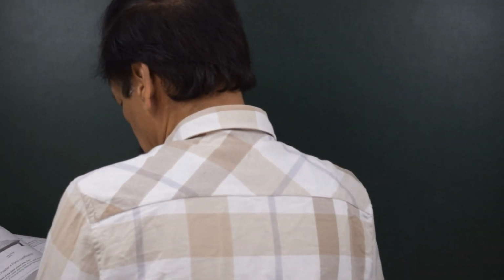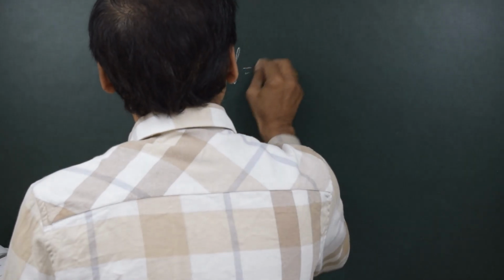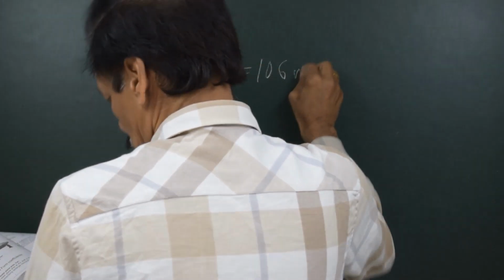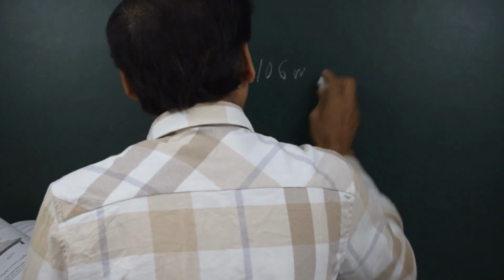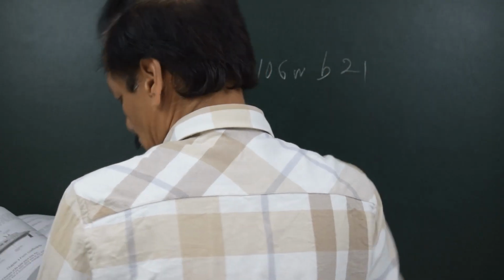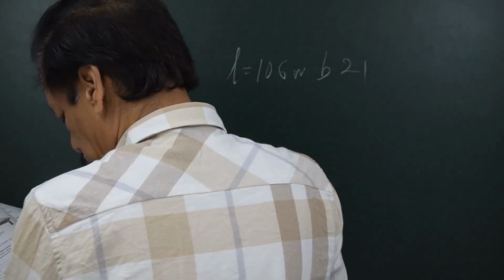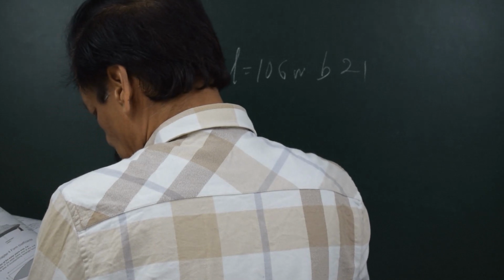Let us now do a numerical from my book, Basic Stability Calculation. Find the water plane area of a ship for a draft at which the length is 106 meters, the breadth is 21, and the coefficient of water plane is 0.84.